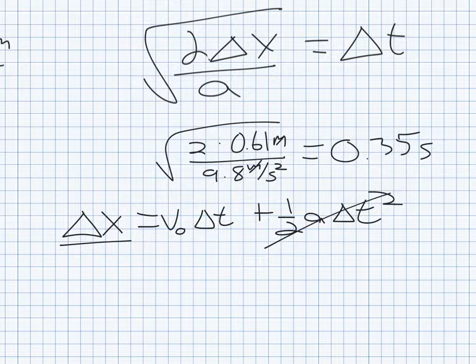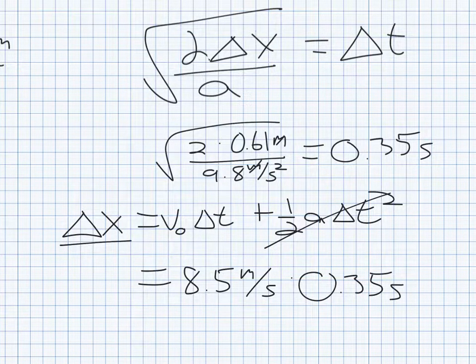So I'm just going to plug in my v naught, which is the dog jumped at 8.5 meters per second forward, times, we just learned, 0.35 seconds. Seconds will cancel. I'll get meters, which is what I'm looking for. So I need 8.5 times 0.35, which my calculator is telling me is right at about 3.